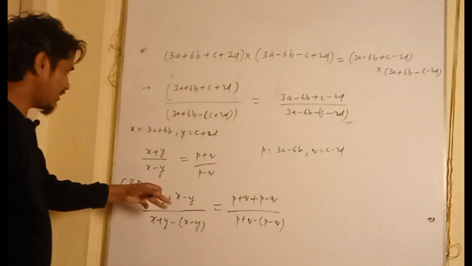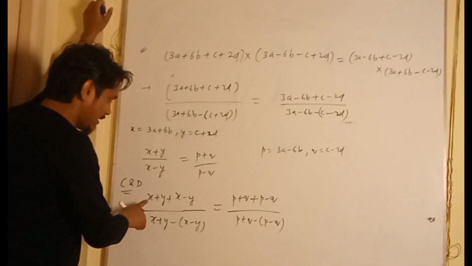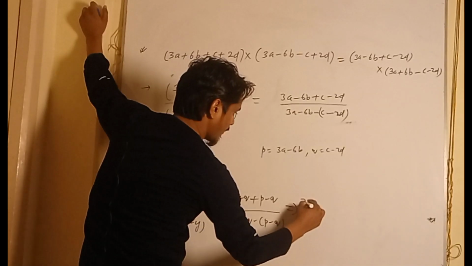Now when we simplify this further, we find that minus y plus y cancels, and x plus x becomes 2x.